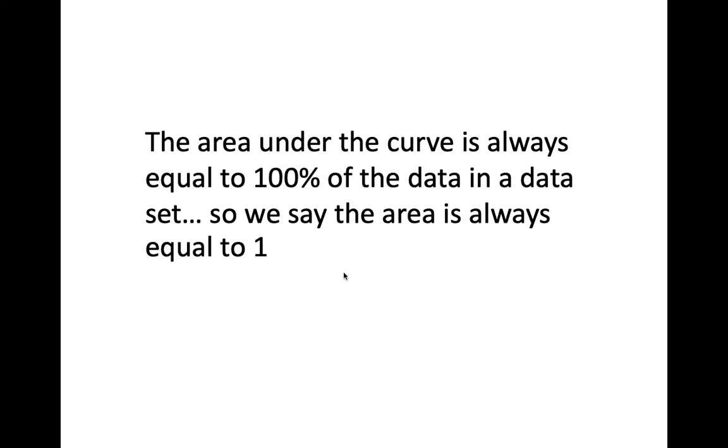But it turns out that every normal curve you have, the area under the curve is always equal to 100% of the data in the data set. So if you think about what 100% means, it means the whole thing. And 100% is 100 out of 100, which is really just 1. So we can say it's 100% of the data, or it is just 1.